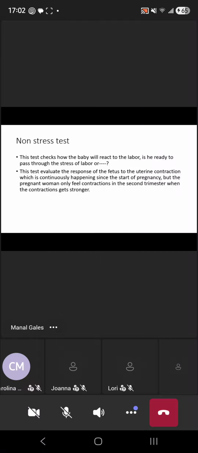If I ask Raiden right now, go walk or run, take a lap and come back, what will happen to your heart rate? Increase. We expect the same from the newborn: movement should increase the heart rate, correct? This is what we want to check in the non-stress test.